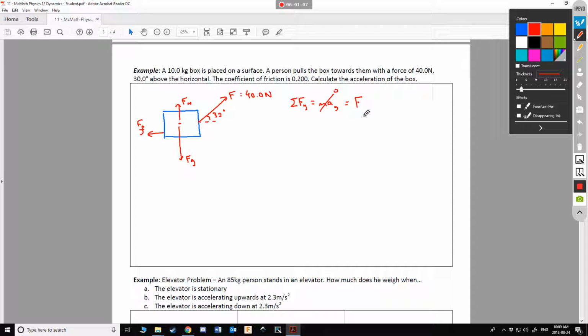We saw that Fn is upwards, plus we have that 40.0 newtons sine 30 degrees minus the force of gravity. So we solved for this and we got the value that Fn was equal to 78.1 newtons.